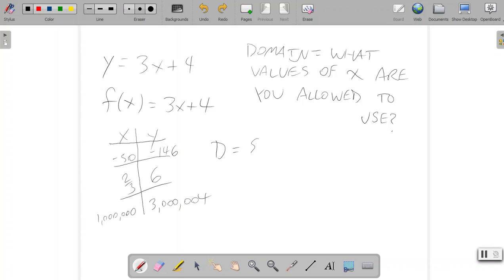I could either say negative infinity to positive infinity, or this is easier, the double-backed R, which is just the way of saying all real numbers. And this here is the default domain. Most functions that you have, their domain is all real numbers.